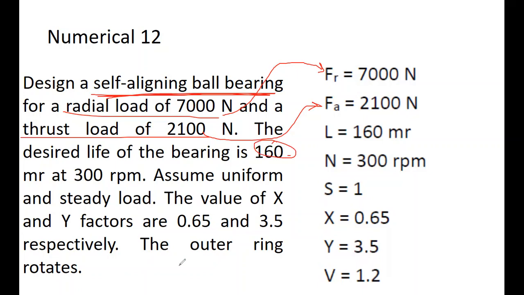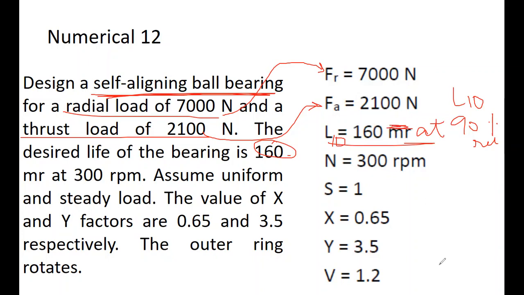Whenever other than 90% reliability is there, that time you have to think about what reliability is there. But whenever nothing is mentioned about what kind of reliability, you will assume that life is always at 90% reliability. 90% means L10. You're finding L10. So L10 is given this time as 160 million revolutions.